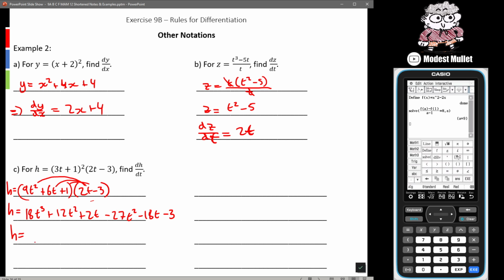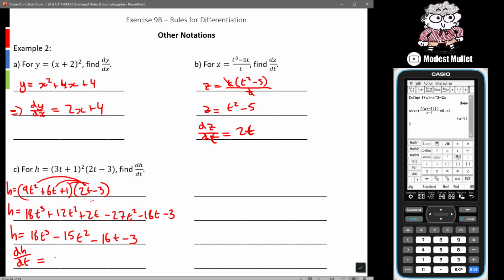Let's group like terms. So we've only got 18t cubed. 12t take away 27t is negative 15t squared, plus 2t minus 18t is minus 16t, minus 3. Now we can find dh dt. It's written as a normal polynomial. Times by the power and take one from the power, so 18 times by 3.